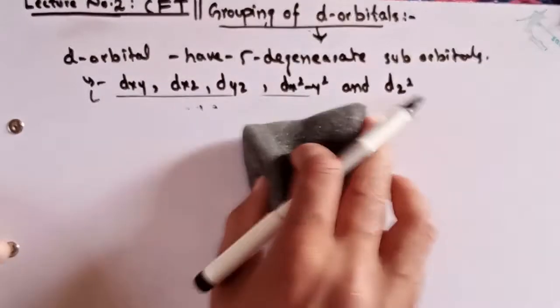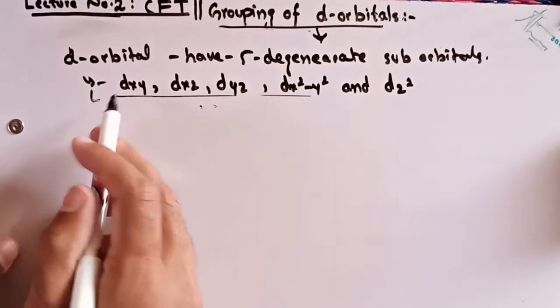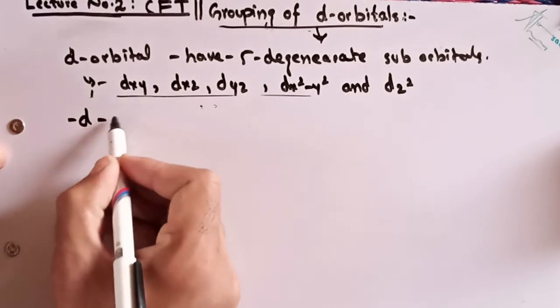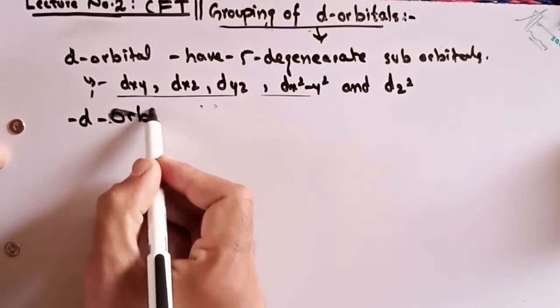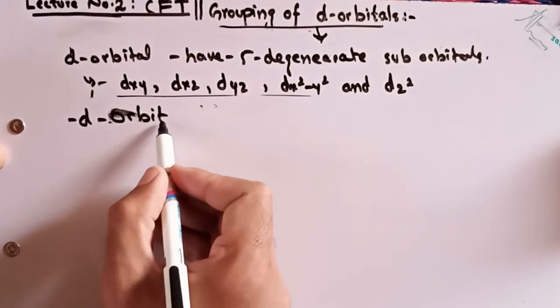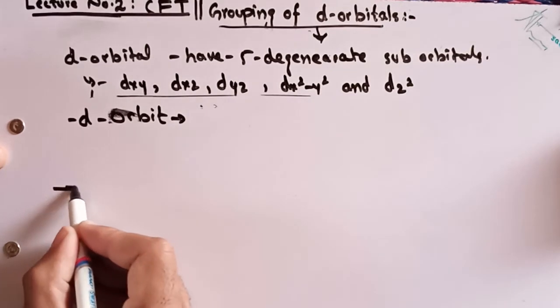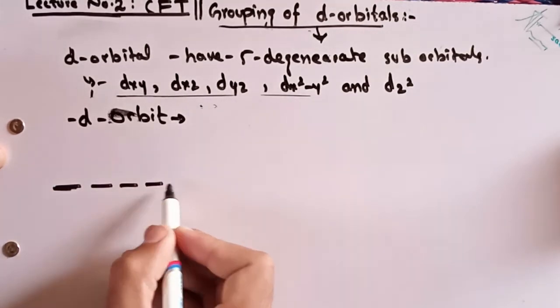Now I am telling you the grouping of d orbitals. In the d subshell there are 5 degenerate orbitals, all with the same energy.